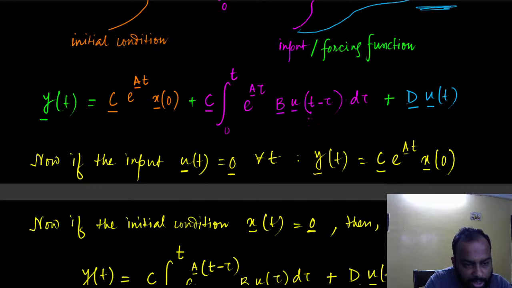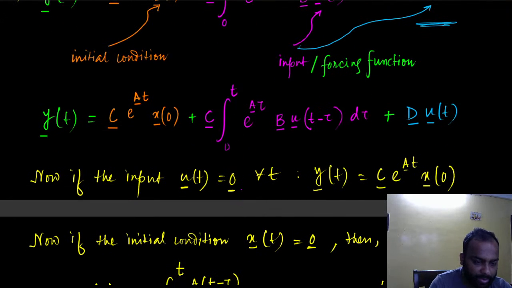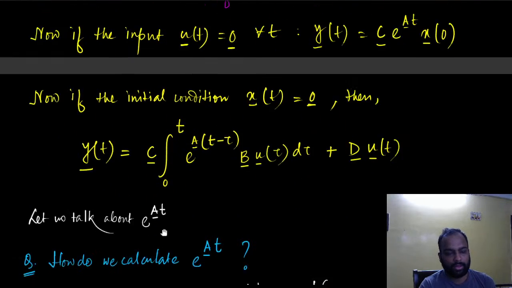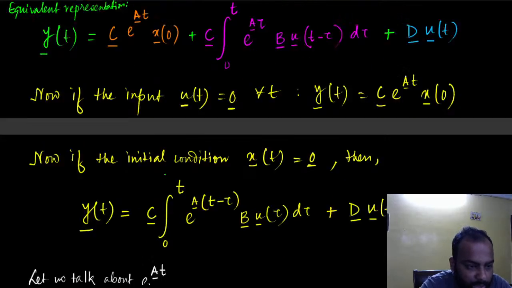This is the same thing as this, an equivalent representation. We just interchange the way we are doing the convolution, because this portion came from the convolution.